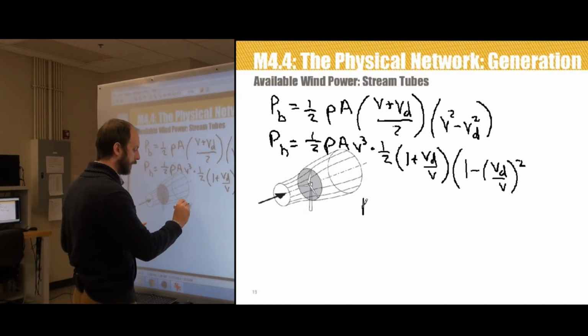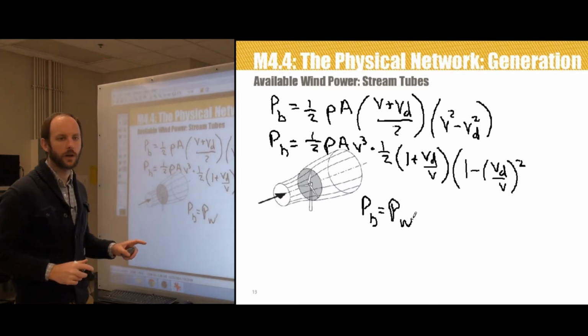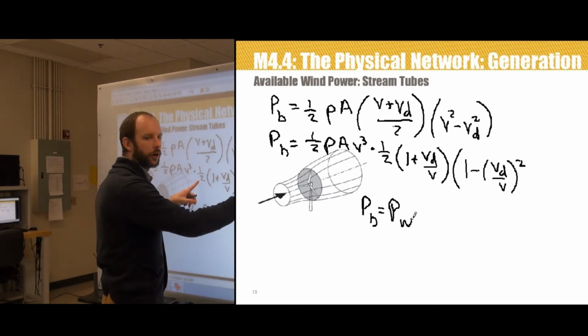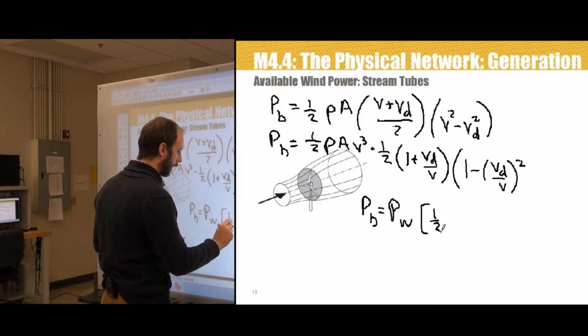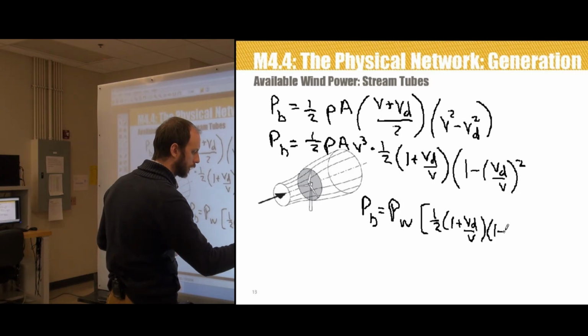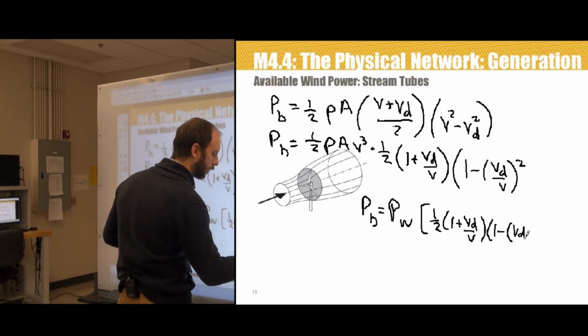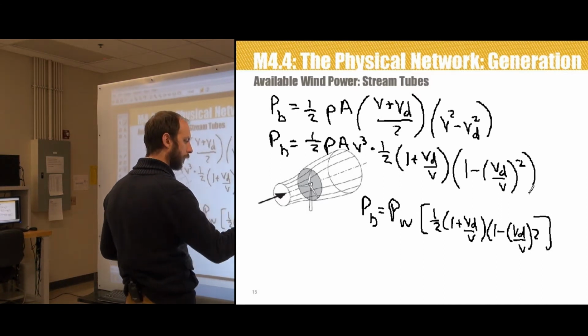So that PB, the power extracted by the blades, is the power in the wind, 1/2 ρAV cubed, multiplied by this whole term here, which is 1/2 times (1 plus VD over V) times (1 minus VD over V) squared. I left off a parenthesis on that one.